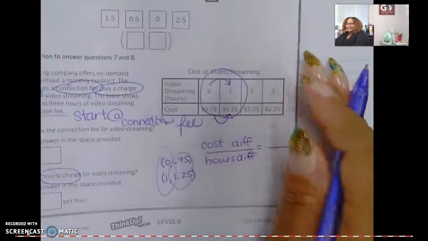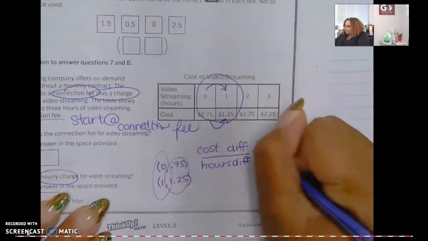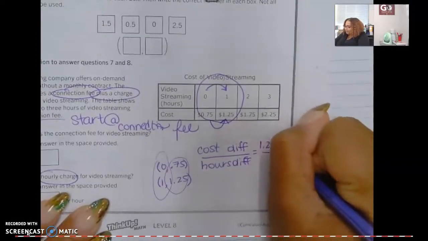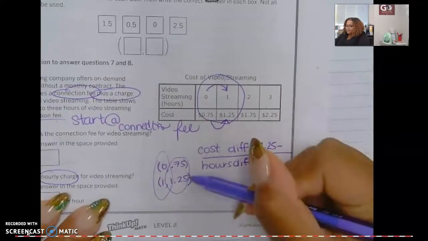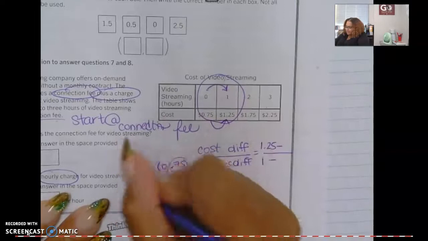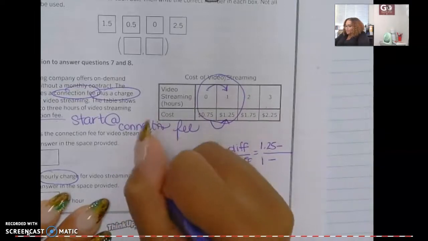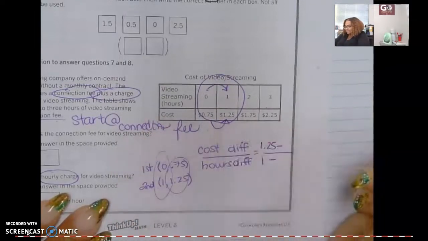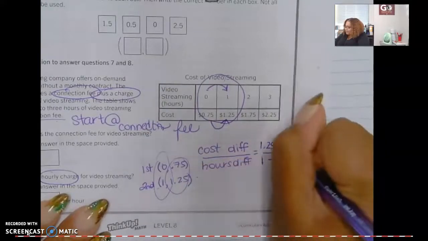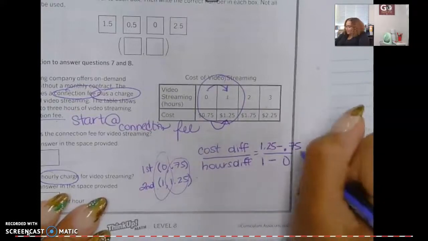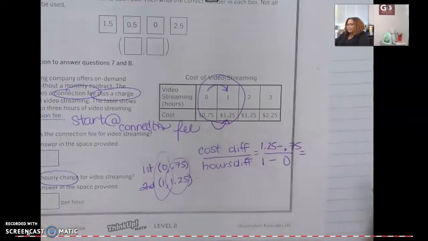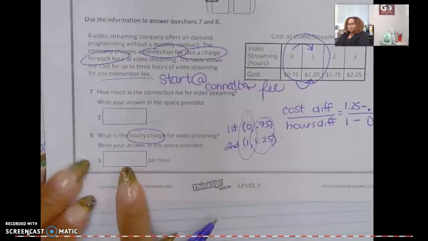You're going to do it like this: 1.25 minus 1 minus. I did this point first because this is my second point. I put this in because it's y sub 2 and x sub 2. And then I'm going to put 75 cents over 0. Calculate the difference, and then that will go here per hour.